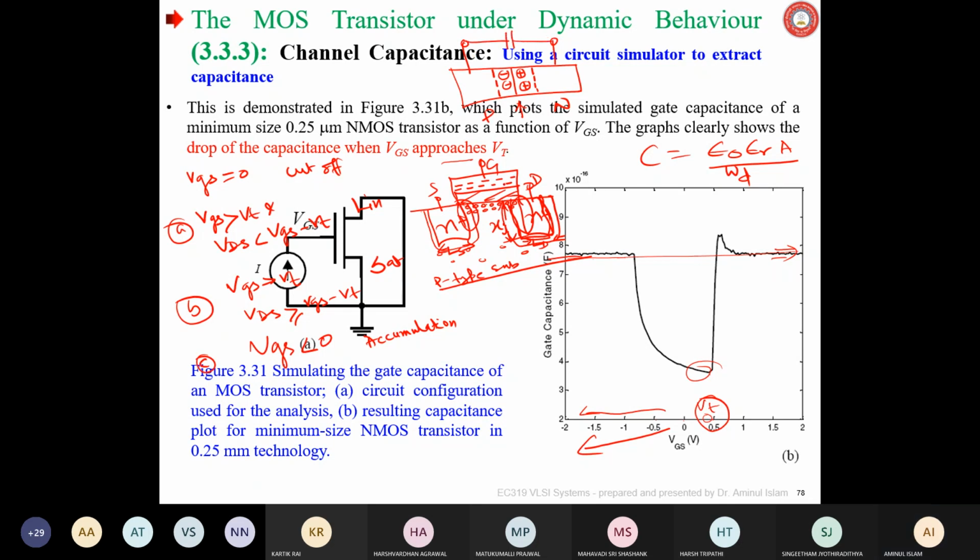Okay. This capacitance, in our MOSFET case, we say drain or source diffusion capacitance. As I said, these N plus and P plus regions earlier were formed by the diffusion process.